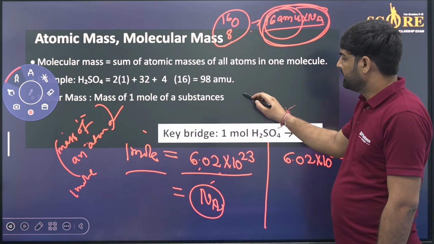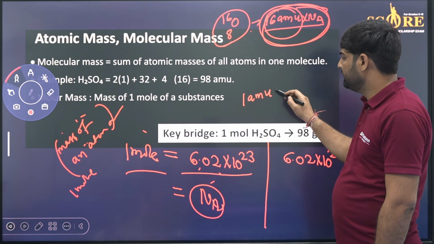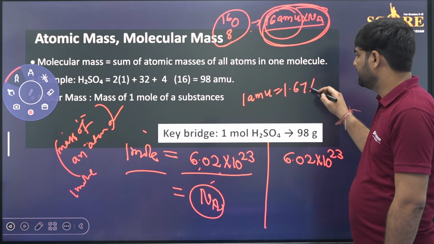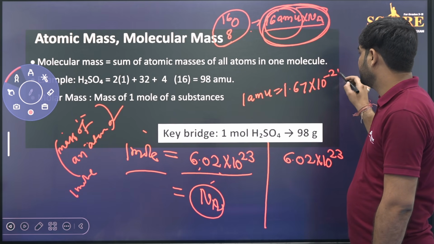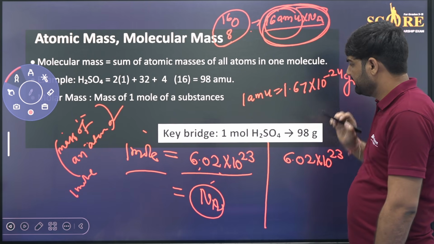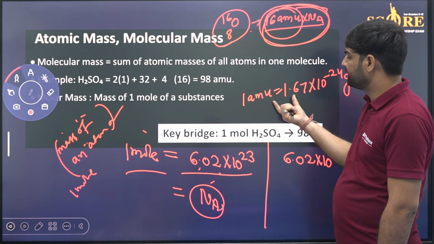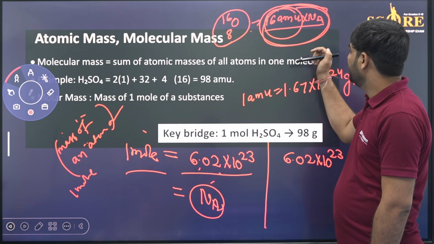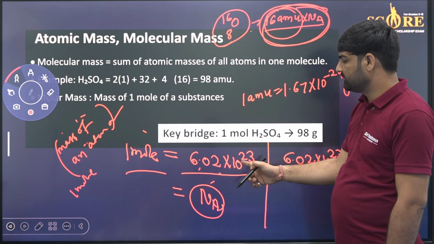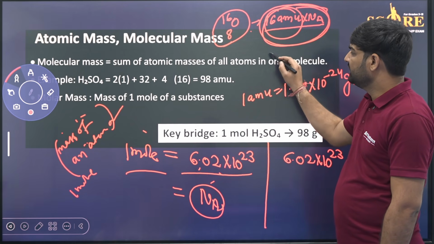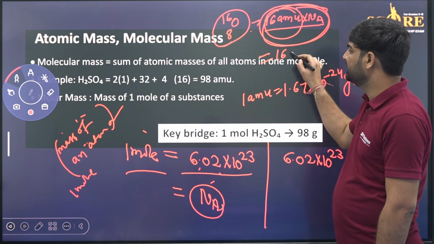And I tell you 1 AMU is 1.67 multiplied by 10 raised to power minus 24 gram. If we use this in the equation here, and Na is 6.02 multiplied by 10 raised to power 23, then you will find 16 gram.